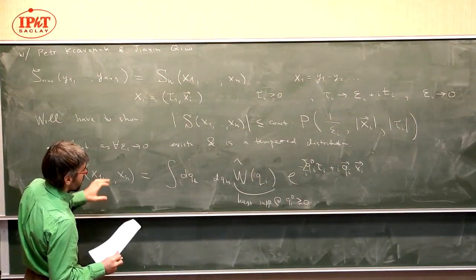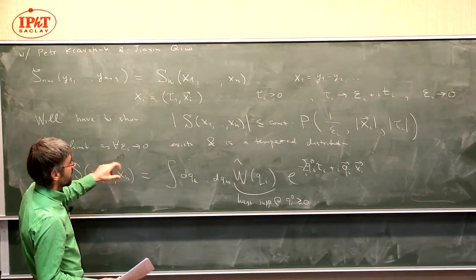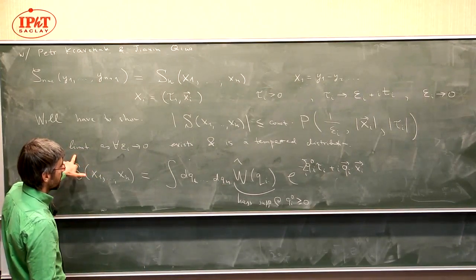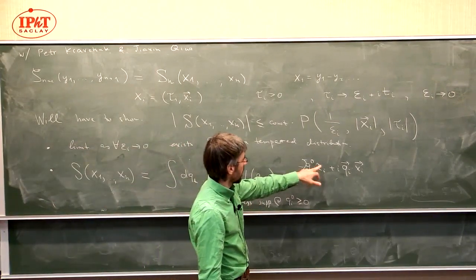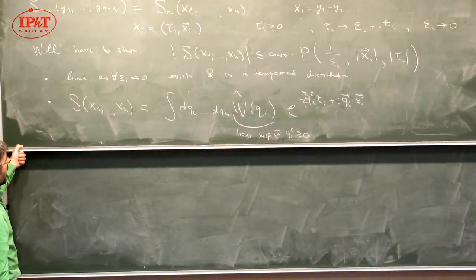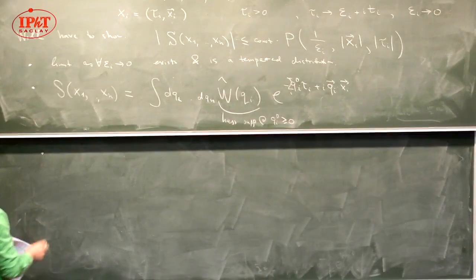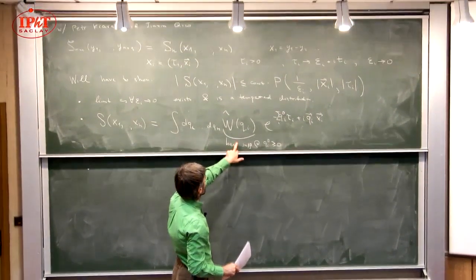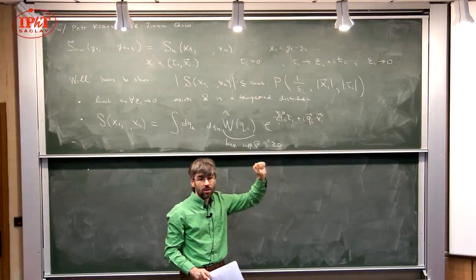And once I have constructed this W hat, I will be able to say several things. First of all, this limit, whose existence I claim in the first part, is actually the Fourier transform of this W hat. So I can take tau i to 0, and it becomes a Fourier transform. That's the first part. And the second part, which is actually not surprising: here I only claim that the support of W hat is at non-negative energies.